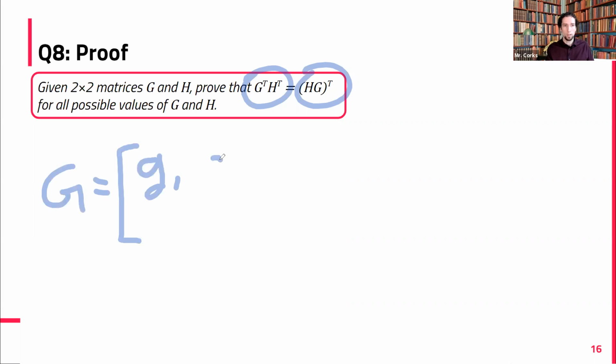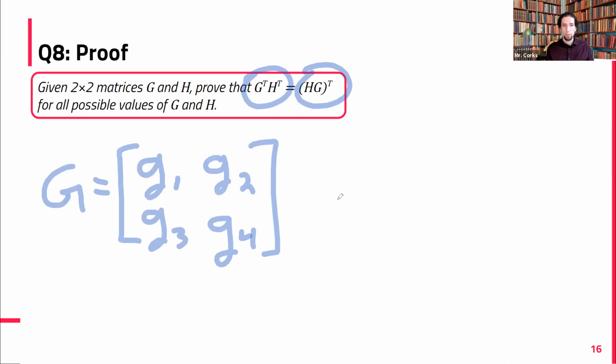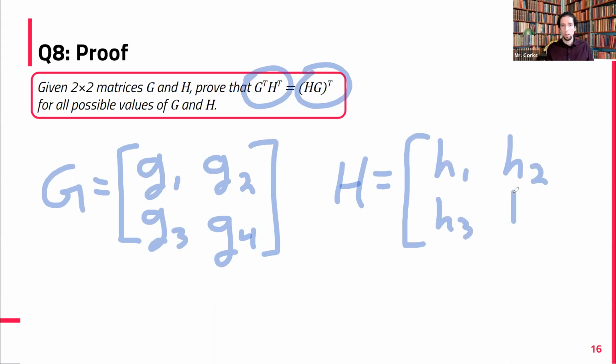So let's say G1, G2, G3, G4. And then we do the same thing for H. Make up another one, H1, H2, H3, H4. And then just calculate each of these results.